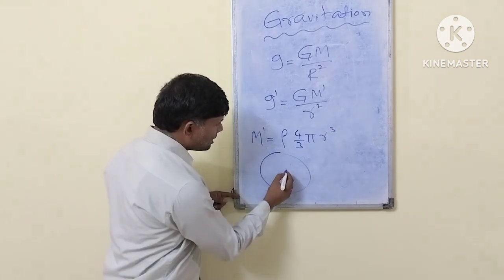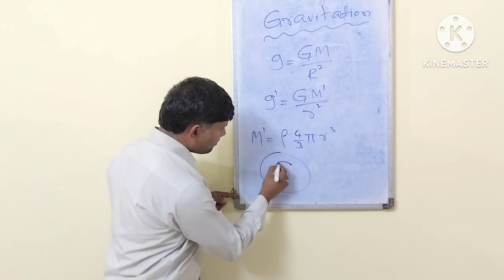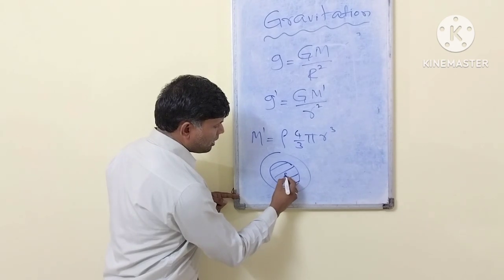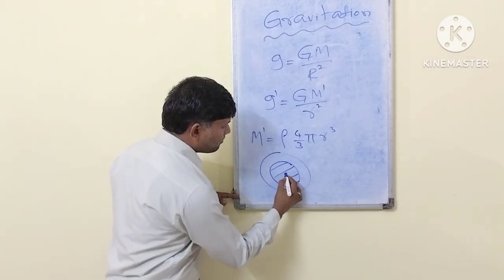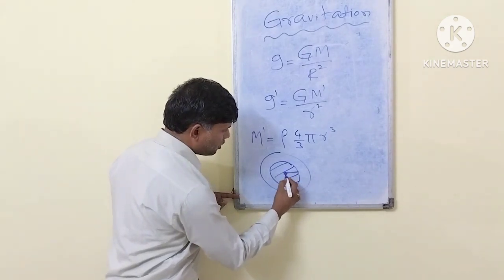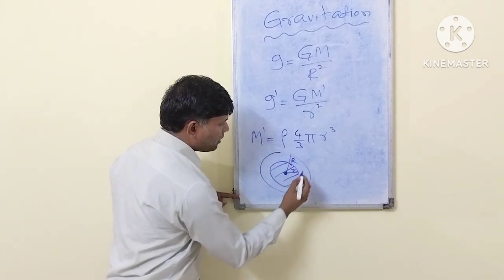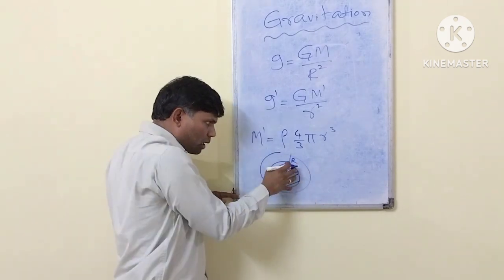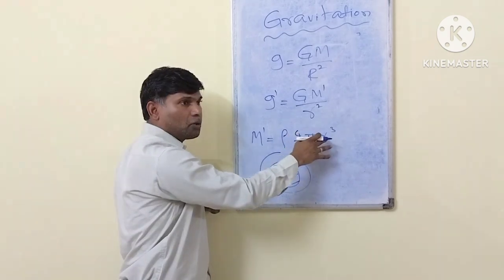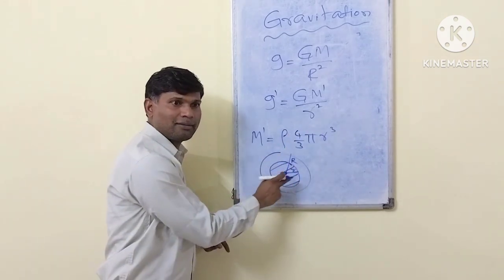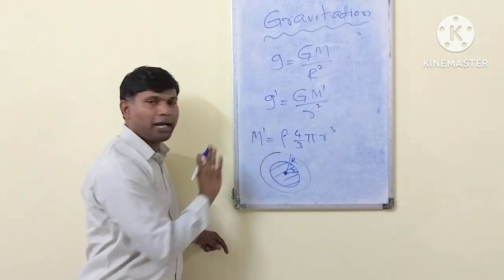This is the earth. I went inside, no? Only this portion is attracting you. So this is R, the radius of the earth in total, and for this portion the volume is 4 by 3 pi r cube. So M prime is the mass of this portion.